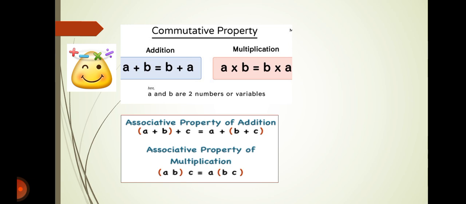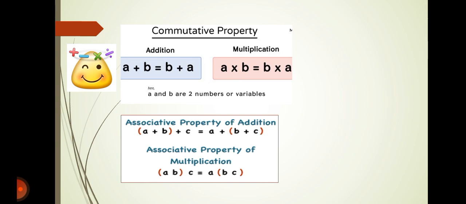Further, we also learned about associative property of addition and multiplication. It states that if we add the two numbers, that is a plus b, and whatever answer we get, we add it to the c, is same as if we change the position and we first add b plus c and then add the answer to the a, which states that in the bracket a plus b, plus c is same as a plus, in the brackets, b plus c.